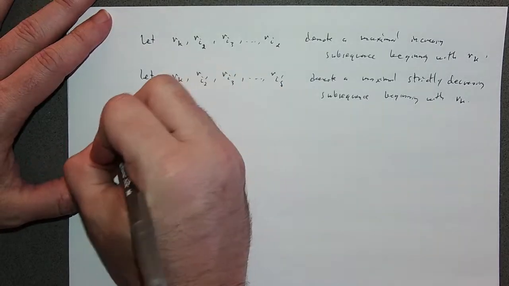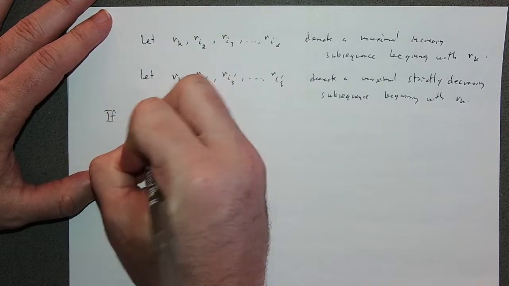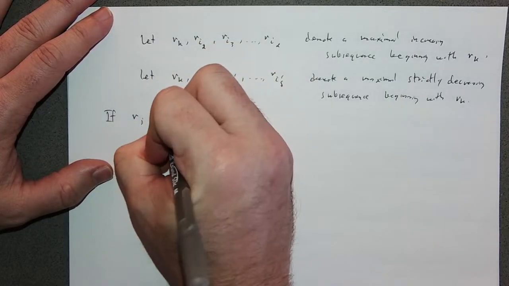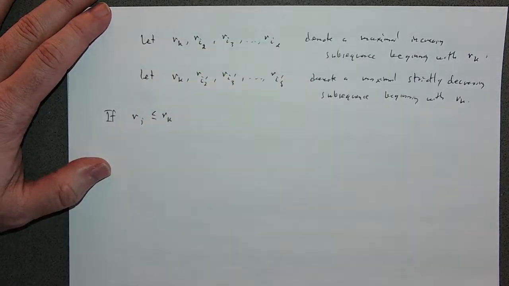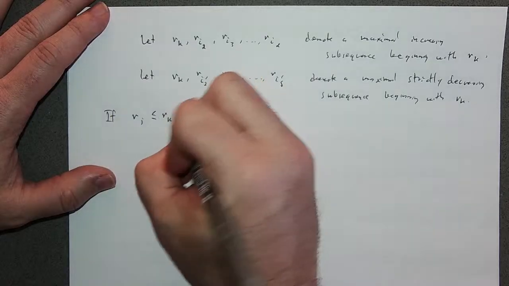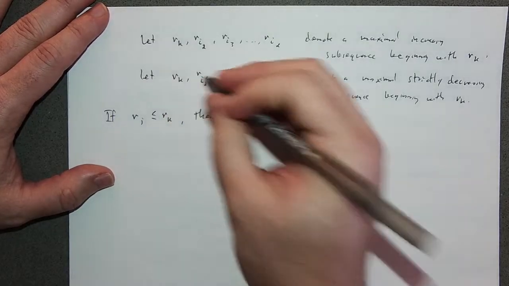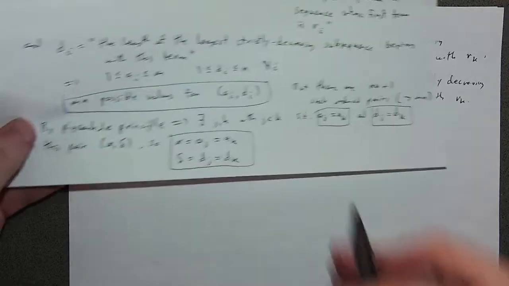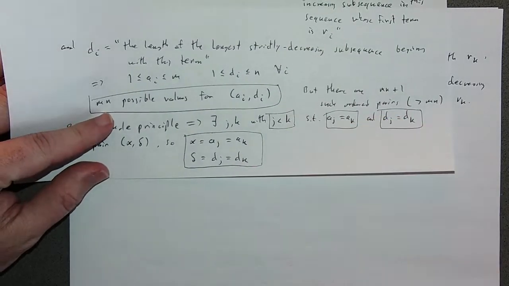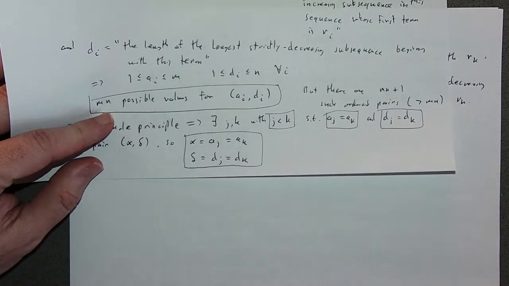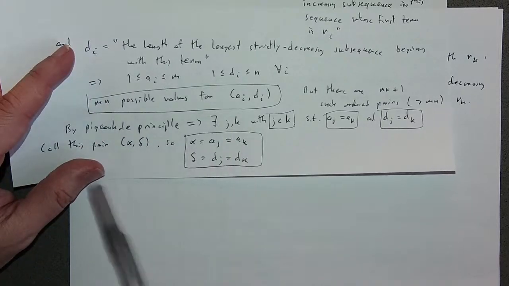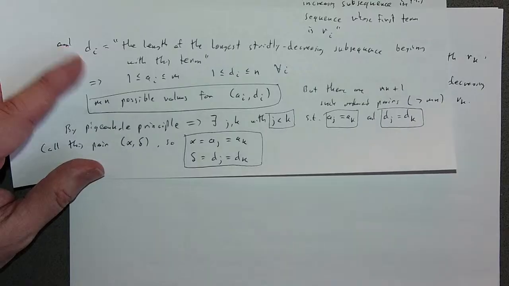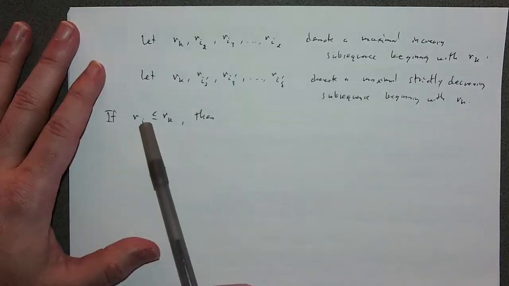Now, if r sub j is less than or equal to r sub k, then, remember we have picked j and k such that j is the one we've labeled that is smaller. So we get two indices from the pigeonhole principle. Call the smaller one j and the larger one k. Okay. So this comes before.